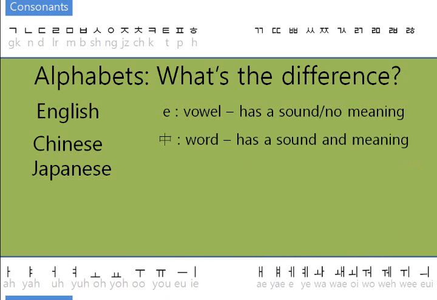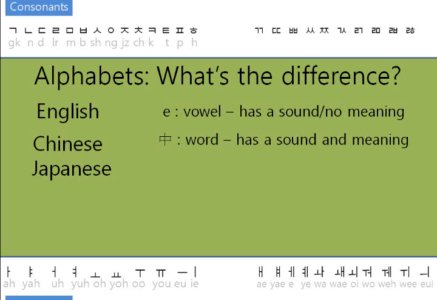Chinese is 중, that's the word, it's like a middle. It has sound and it has meaning. So one character has a meaning and a sound. That means it doesn't have that much flexibility, but grammatically it's easier because there are not many changes.